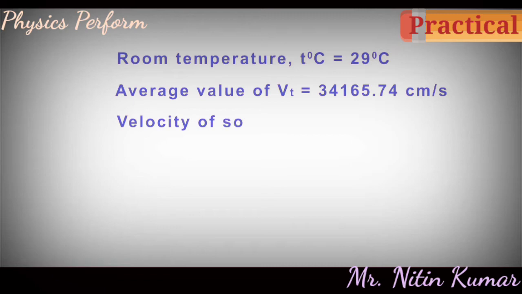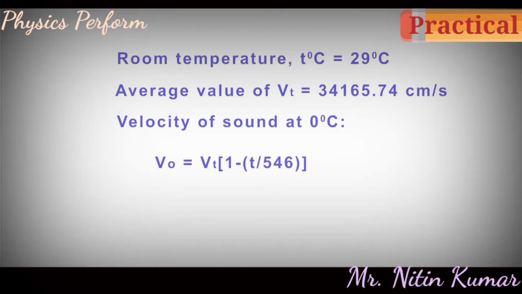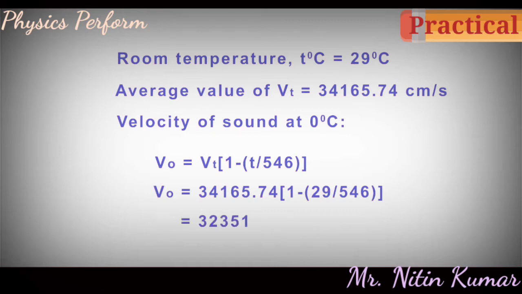Velocity of sound at 0 degree centigrade, V0, is equal to Vt into 1 minus T divided by 546, which is 34165.74 into 1 minus 29 divided by 546, which is 32,351.07 cm per second.